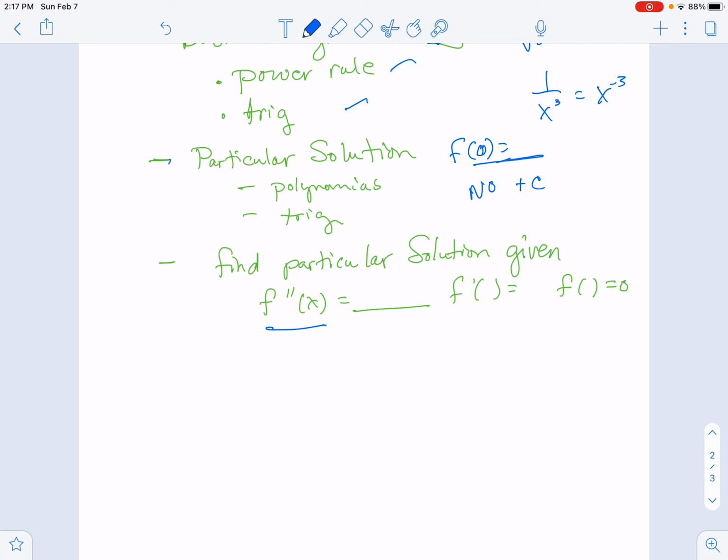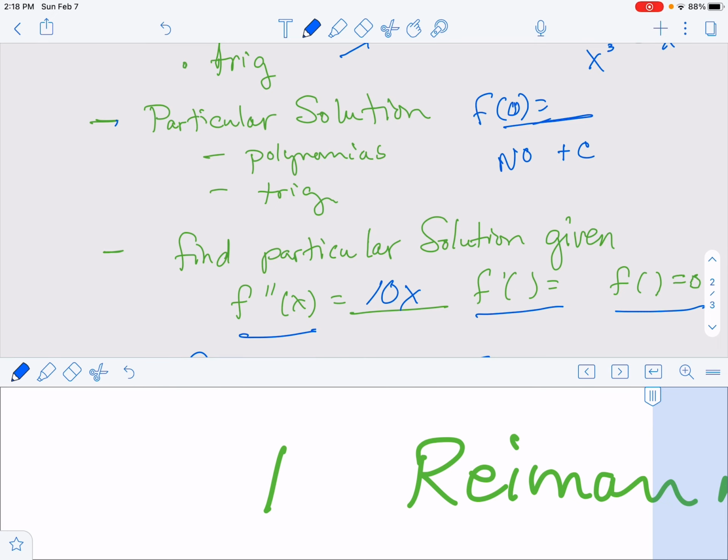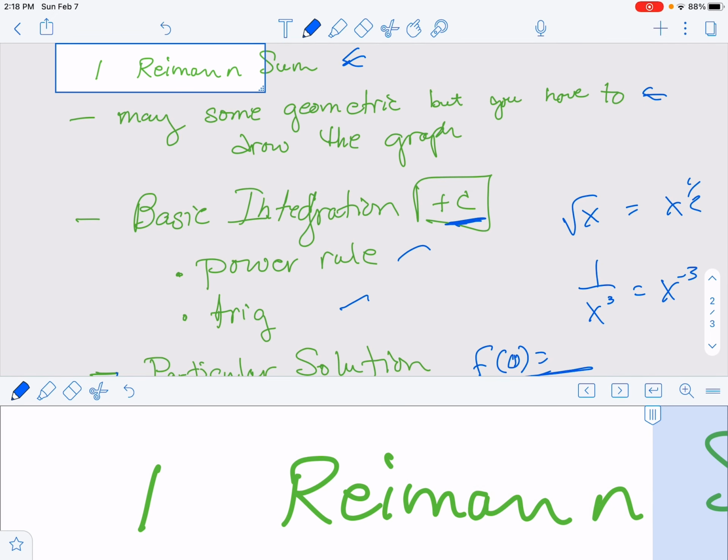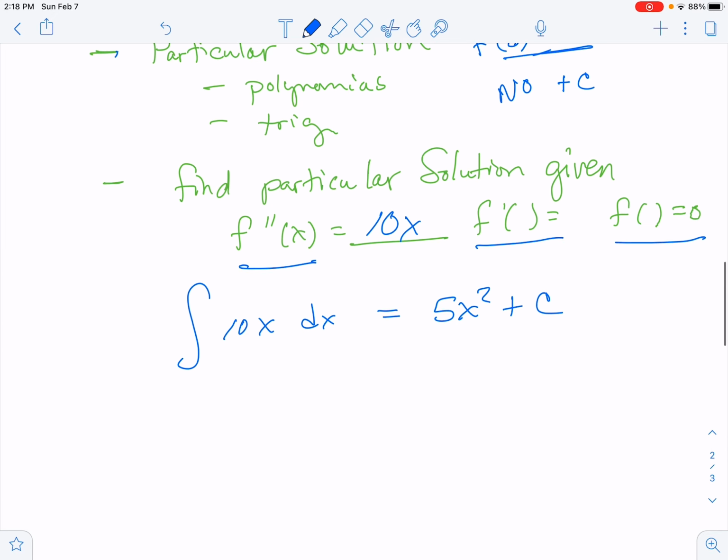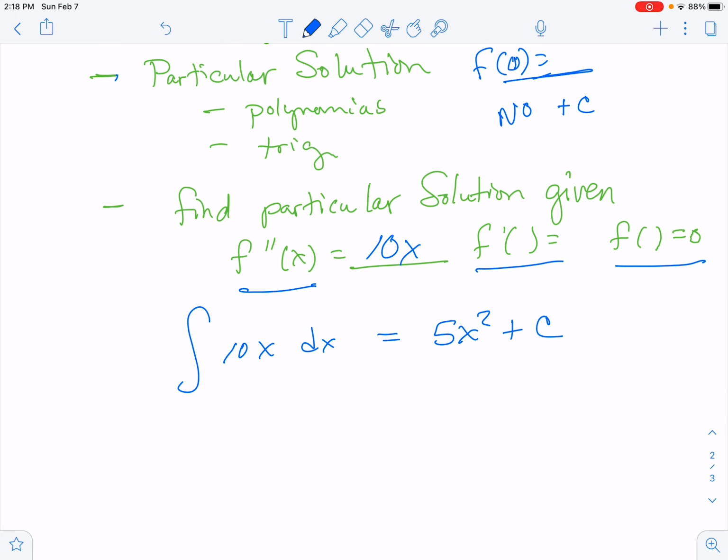Okay, and then they're going to ask you to find a particular solution. They give you the second derivative and a value for the first derivative and the value for the function. So let's say that they tell you the second derivative is 10x. So if I integrate 10x, I get 10x squared over 2, so that's 5x squared plus c. So let's say they tell me that f prime of 0 is equal to 4.